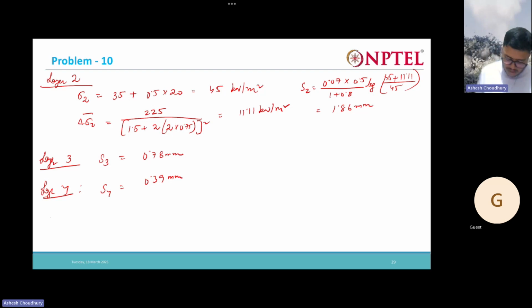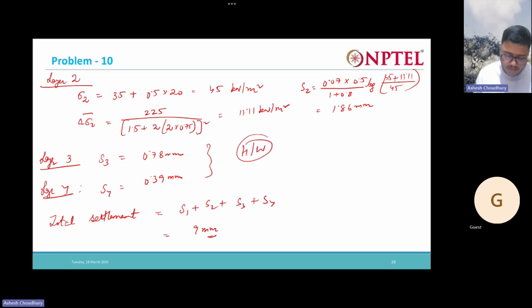So total settlement is around 9. Okay, this one you can do by yourself as homework. You can do it in detail by yourself, and you can check if you're getting the same values or not. All right.